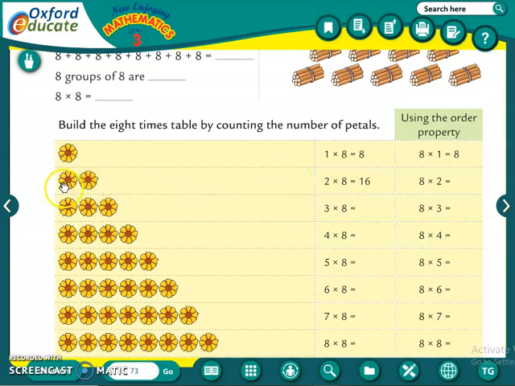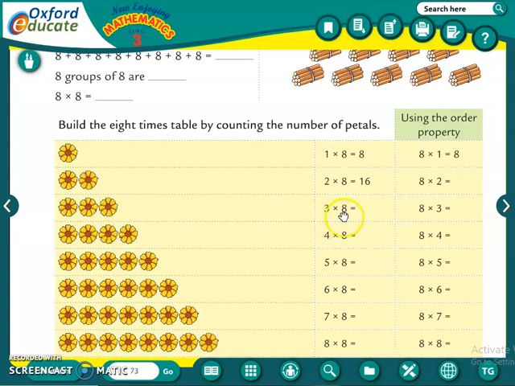Here is shown 2 flowers with 8 petals in each. 2 फ्लावर हैं और हर एक फ्लावर में 8 petals हैं. So here it is written 2 multiplied by 8 is equal to 16, and here we have to write 8 twos are 16. Like this 3 flowers are there, and 8 plus 8 plus 8. In each flower 8 petals are there.